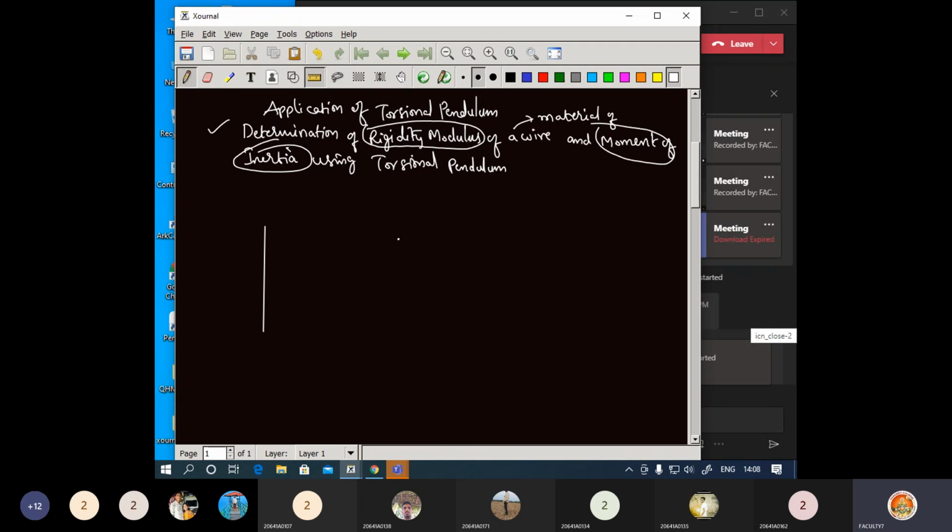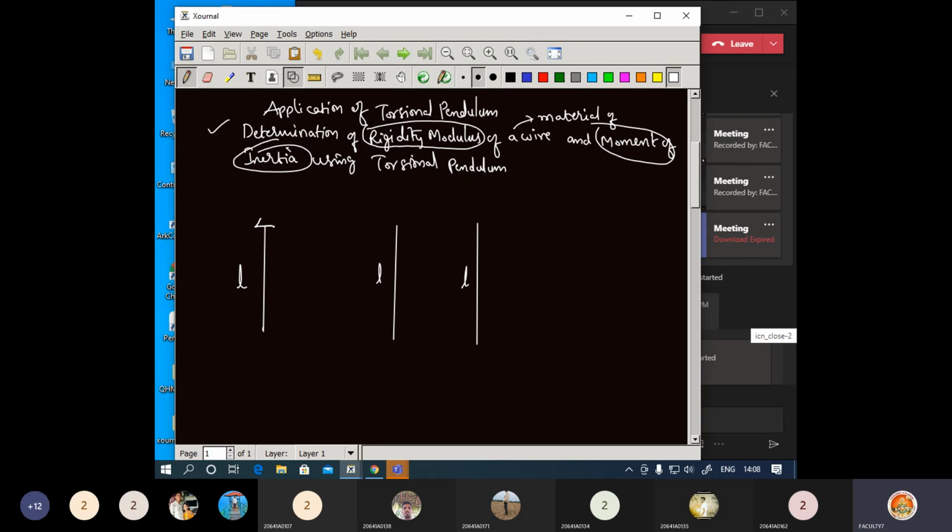The common thing is that the wire is there. Now consider these three are equal in magnitude. So in each diagram, the length will be the same. The length of the wire is remaining the same in the three diagrams.